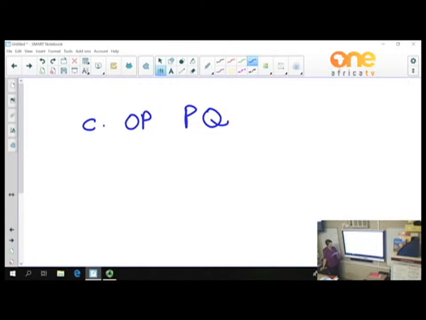To get the coordinates of P, you must be able to solve two lines which pass through that point. So we don't have OP. Okay, come, you try now and find OP and PQ. Look at the given information.